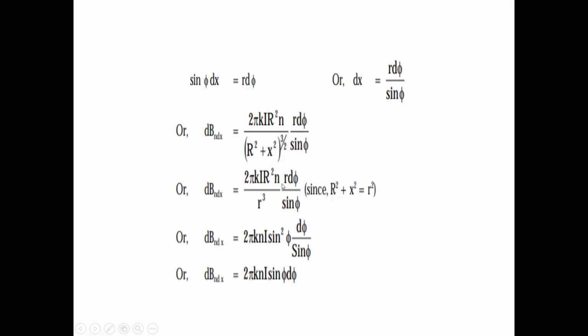Now, convert the r value. Here, r and r cube are cancelled. So in the denominator there is a small r square value.